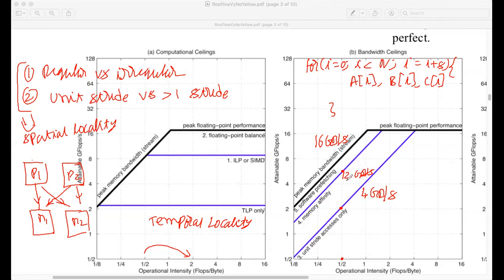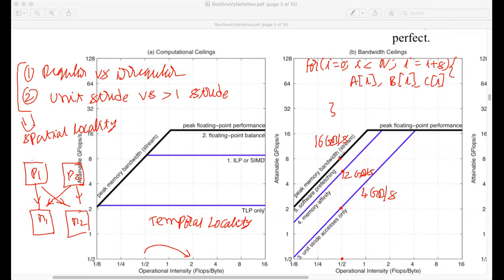And after that, you can do more optimizations like software prefetching, where you prefetch the data before you access it. It's not quite easy to do in all cases, but if it is possible for the particular application, and you are able to get the max 16 GB per second bandwidth, then for the same operational intensity, you get the best possible gigaflops achievable.